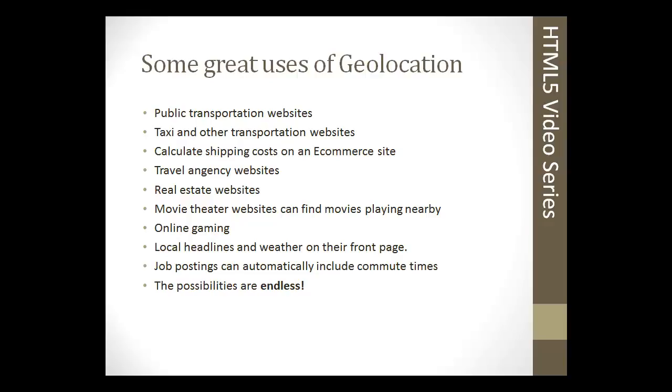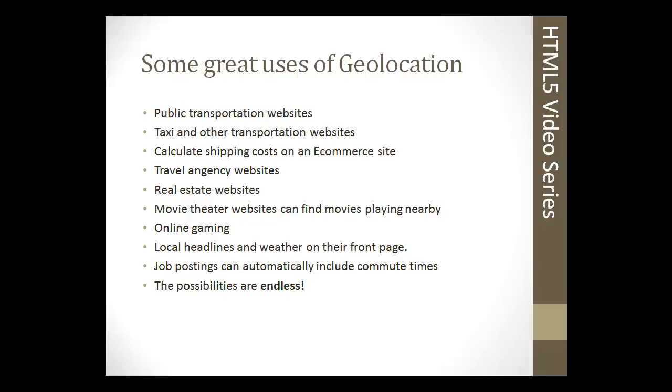Online gaming, local headlines and weather. Obviously you want the headlines and the weather around where you are, and geolocation allows them to do that automatically without you having to search and input your city or state or so forth.